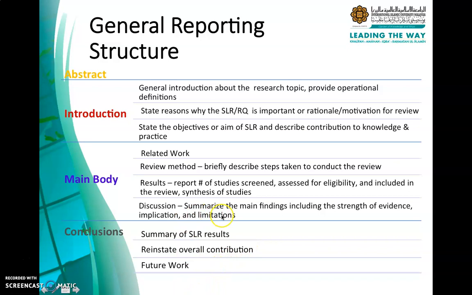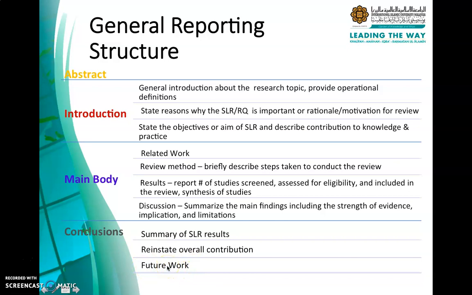But in the discussion, you are summarizing the findings and providing further interpretation in terms of the strength of evidence, the implications and the limitations. Finally, in the conclusions, we can provide a summary of the results, reinstate the overall contribution of the work, and our potential future work.